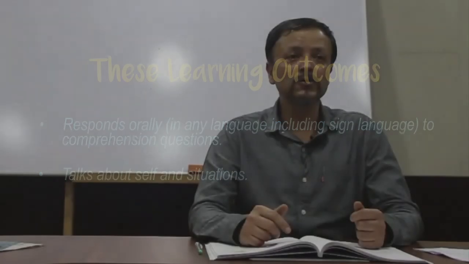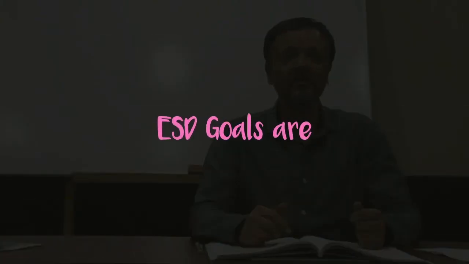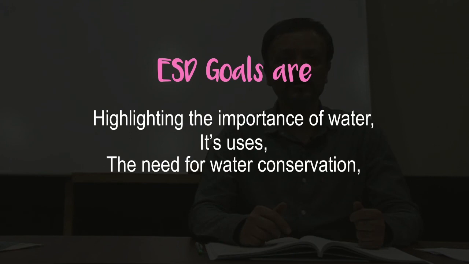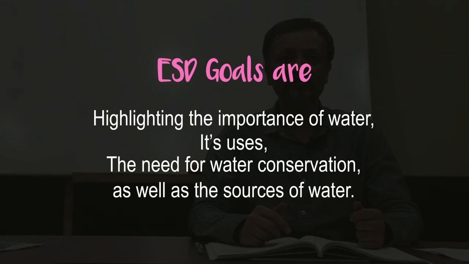Similarly, we also need to keep in mind the goals of education for sustainable development. In this lesson, the ESD goals are highlighting the importance of water, its uses, the need for water conservation, as well as the source of water.